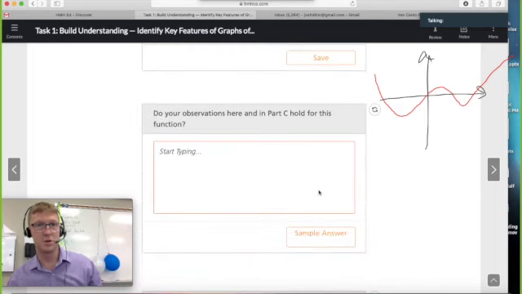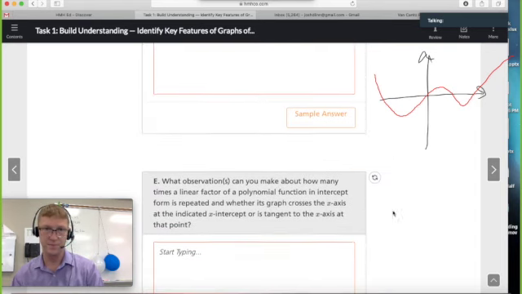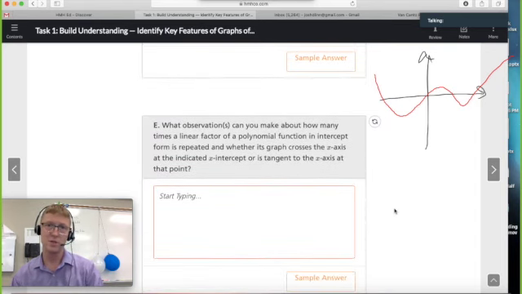Do your observations here and in part C hold for this function? So yes, there is an equal or lesser amount of zeros, things like that. What observations can be made about how many times a linear factor of a polynomial function in intercept form is repeated, and whether its graph crosses the x-axis at the indicated x-intercept or is tangent at the x-intercept?